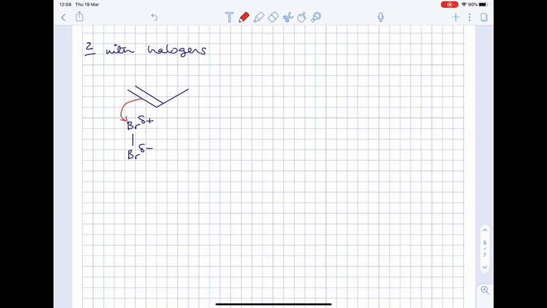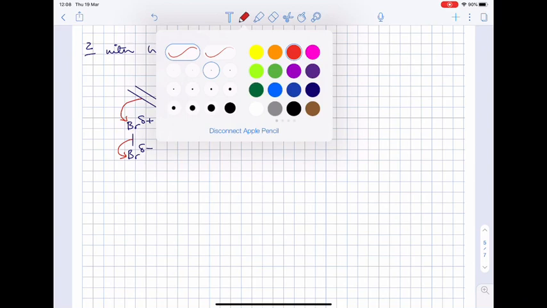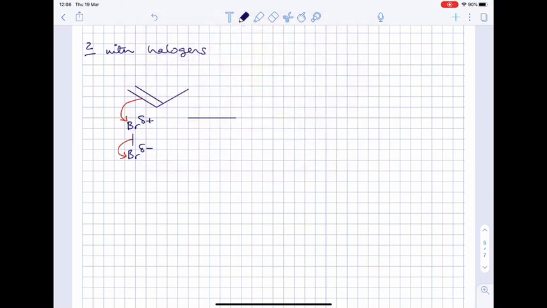As these electrons approach that bromine, the bonding pair of electrons here are going to be repelled away, and the only place they can go is this bromine, and it's the only time you will see an arrow moving towards a partial negative or negative charge. That's our first step.